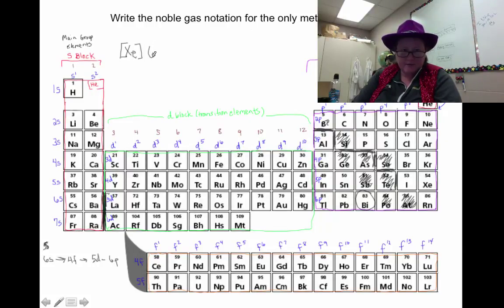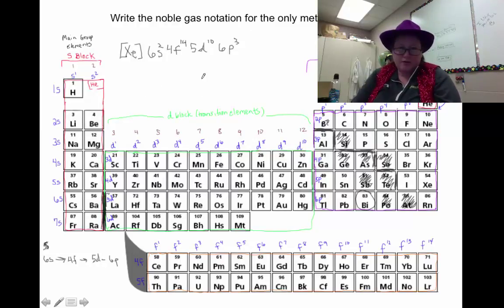That gives us 6s2, then the boundary down to the 4f, which includes all of the 4f's, f14. Now we're back up to 5d, and we have 5d10, and then 6p1, p2, p3, 6p3.